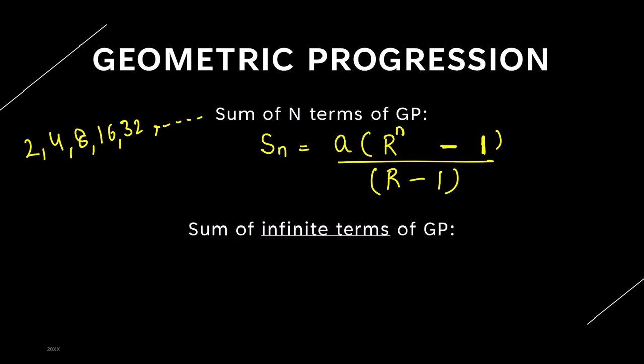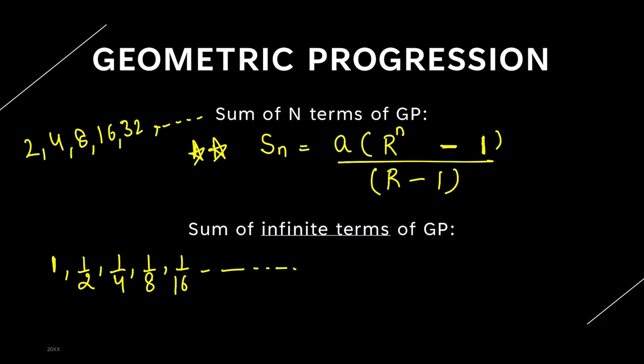But there is another formula, and this formula you surely need to know. This formula gives the sum of infinite terms of a GP. How can you solve this? Suppose I write 1, 1 by 2, 1 by 4, 1 by 8, 1 by 16, and so on.